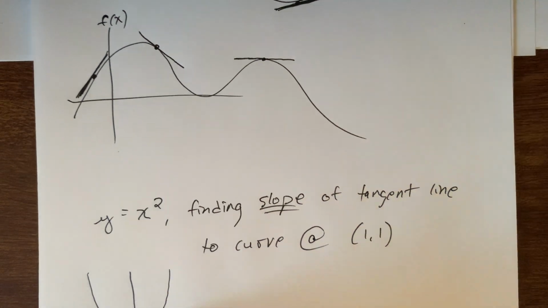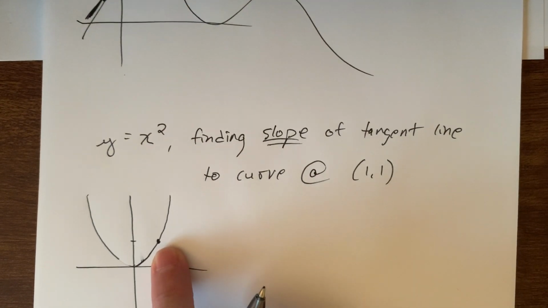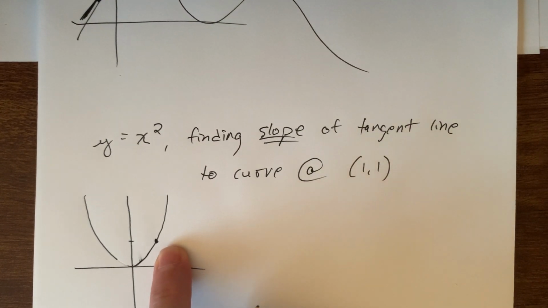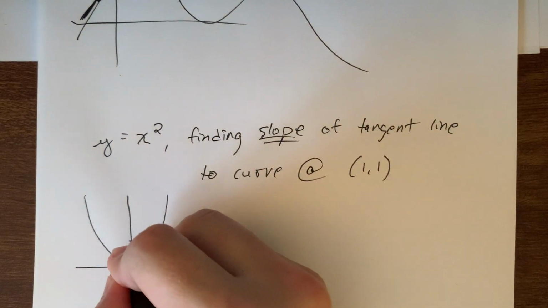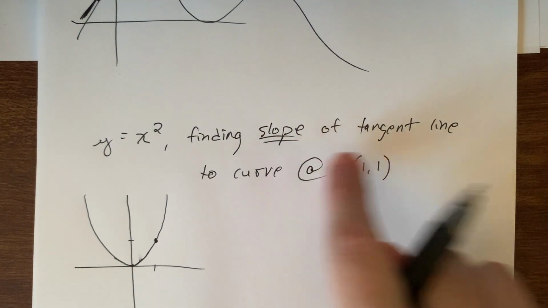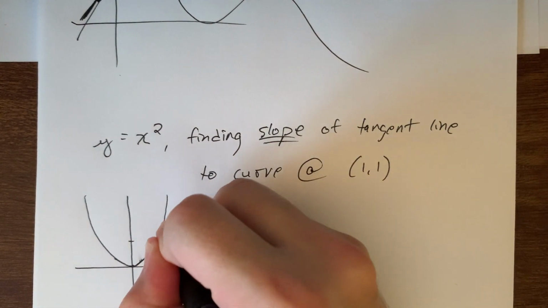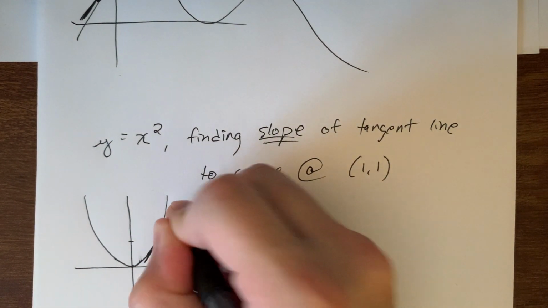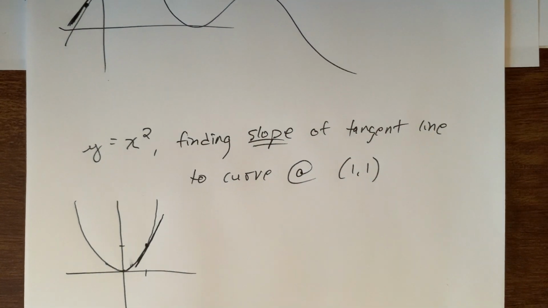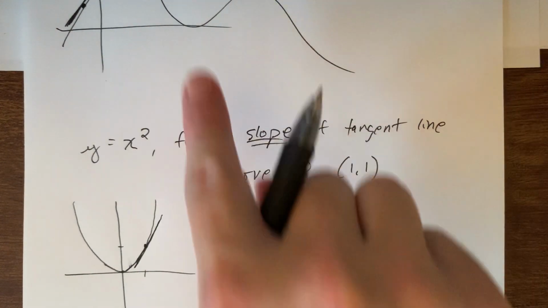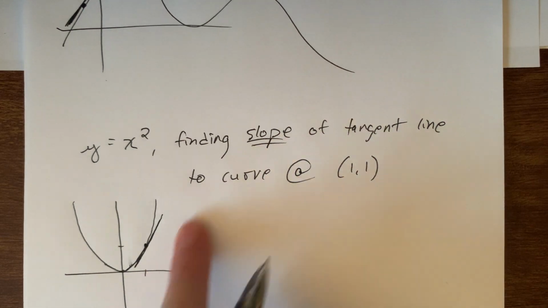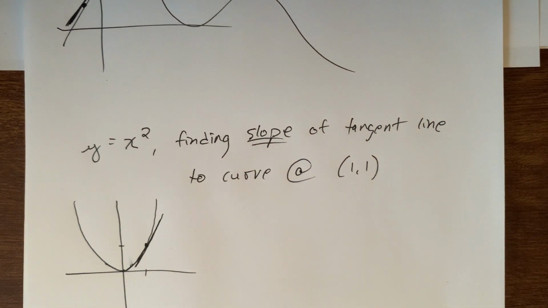And there is the point we're focusing on, (1, 1). So I want to find the slope of the tangent line. So I've got my rough picture, and roughly that would be the line. So just thinking about slopes of lines, like I was saying up here, just the fact that it's got this upright trajectory to it, I know the slope is positive, but that's basically it.